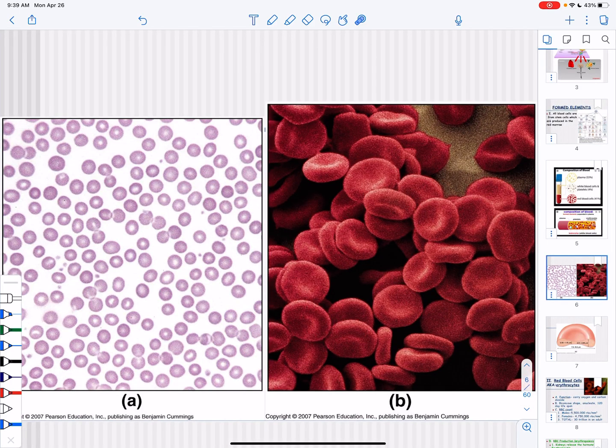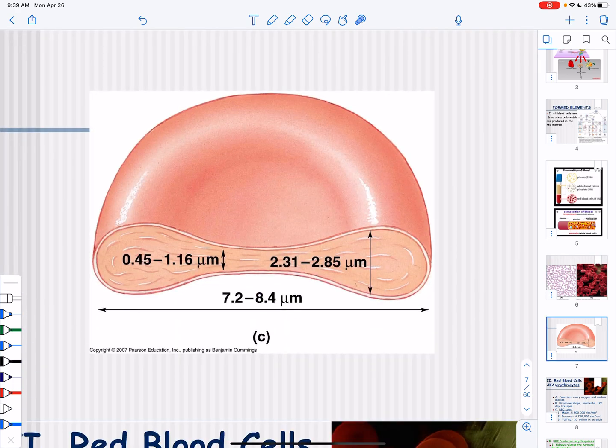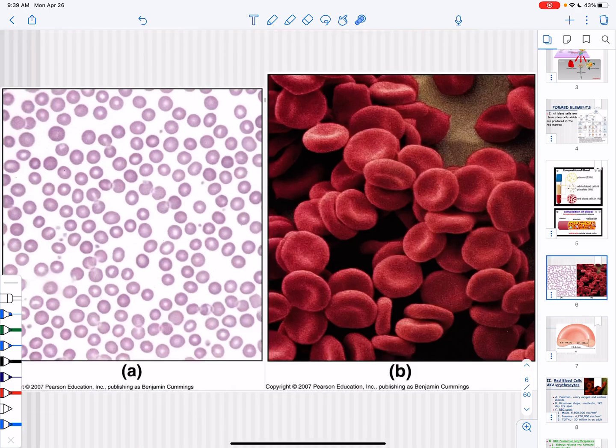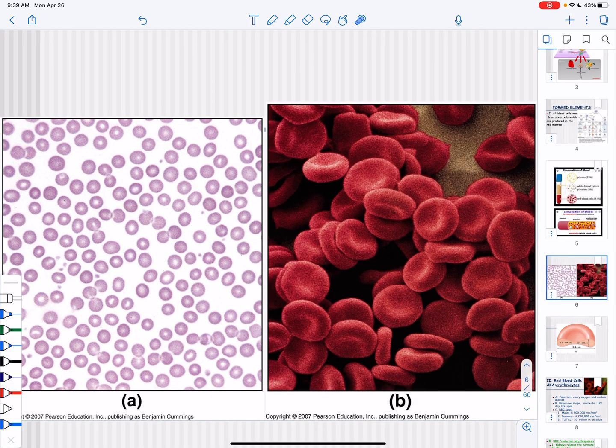Your erythrocytes are very, very small. These are micro units. And you'll notice that it's thinner here in the middle and thicker out to the side. We kind of call this a donut shape, but there's no hole.